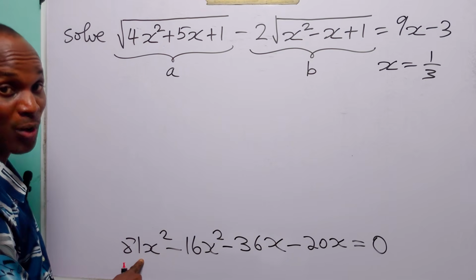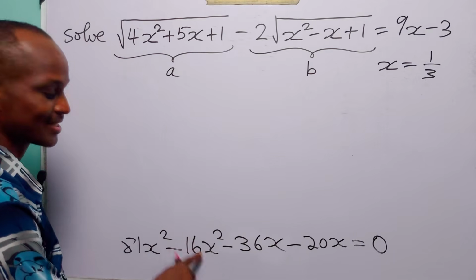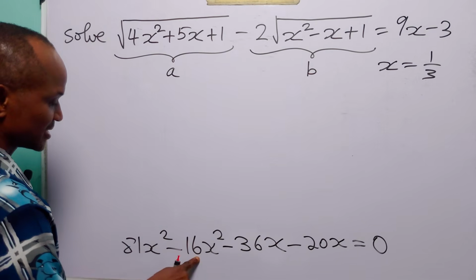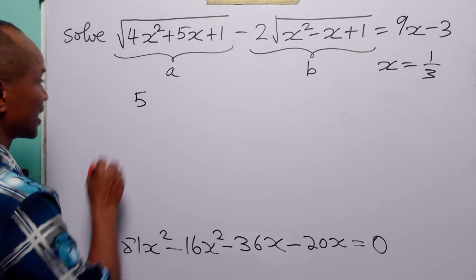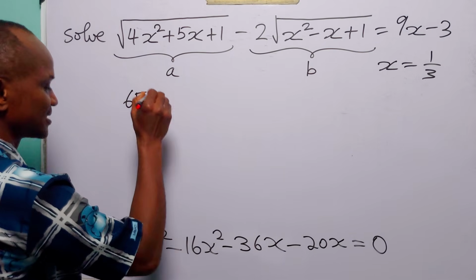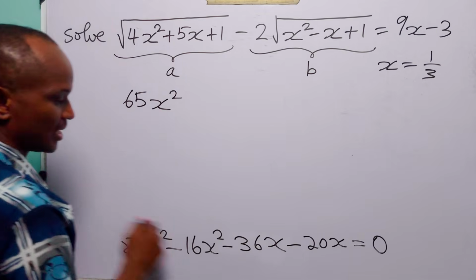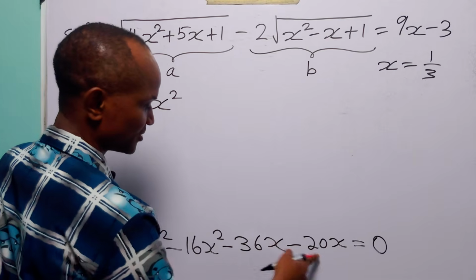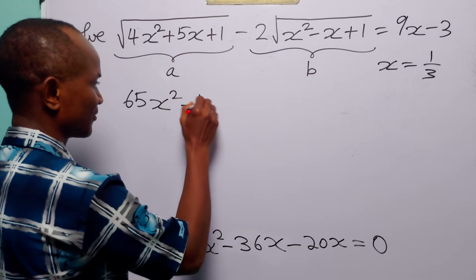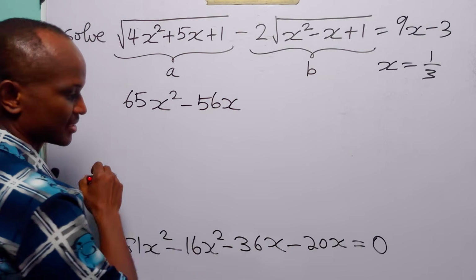Now here we have 81x squared minus 16x squared. 81 minus 16 is 65. So this is 65x squared. Minus 36x minus 20x is going to give us minus 56x.